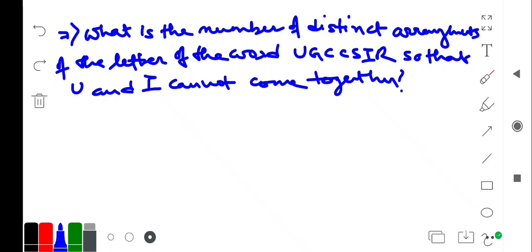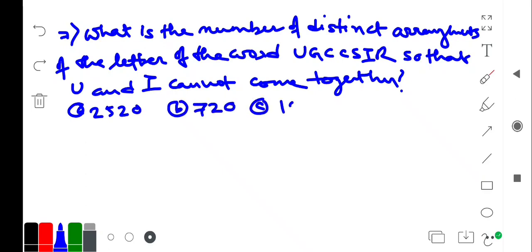Okay, the options are: A is 2520, option B is 720, option C is 1520, option D is 1800. So what is the number of distinct arrangements of the letters of the word UGCCSIR so that U and I cannot come together?